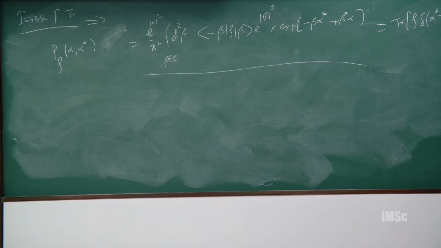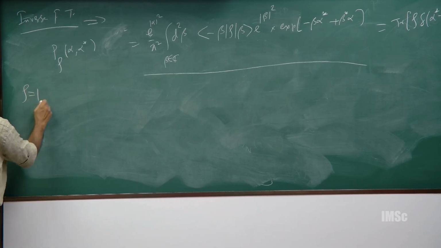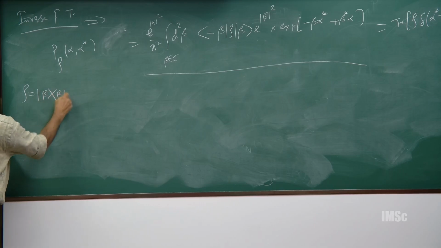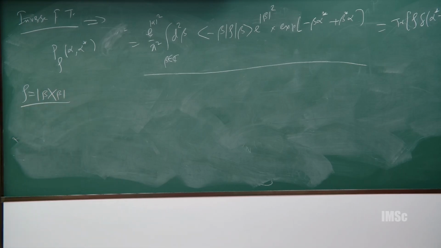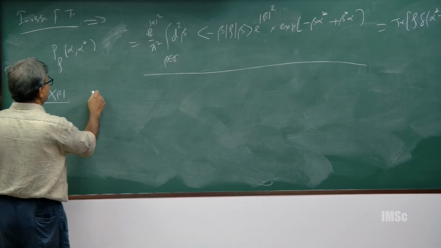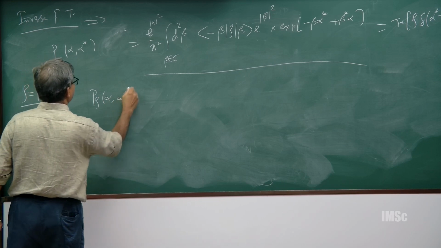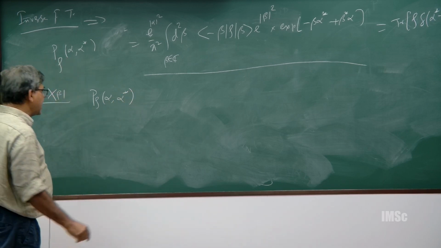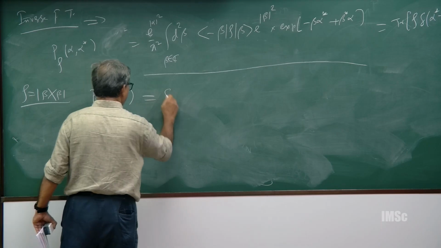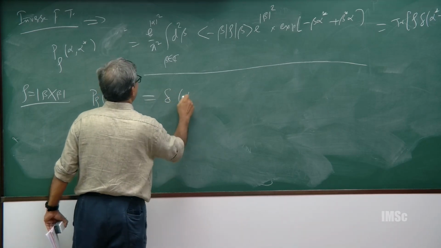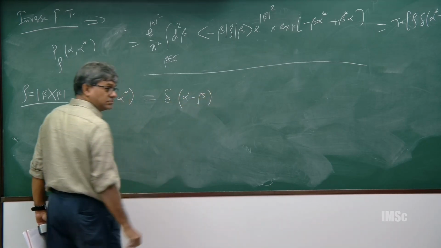So, now what about the... if I take rho as a coherent state, we already told you what the P function will be, but from here, can you figure out that this is actually the delta function alpha minus beta?